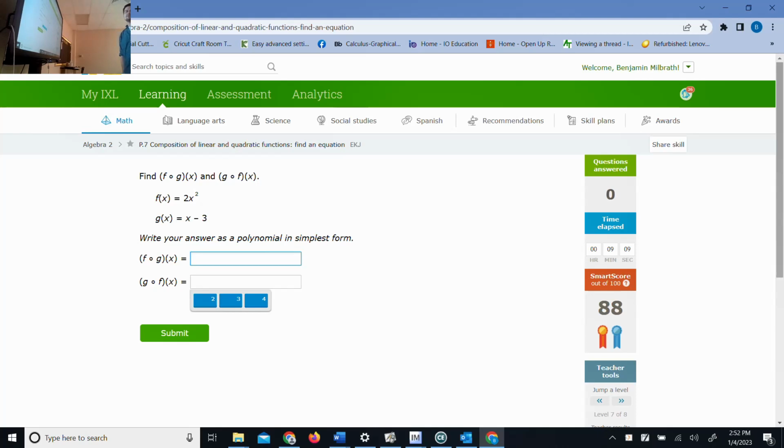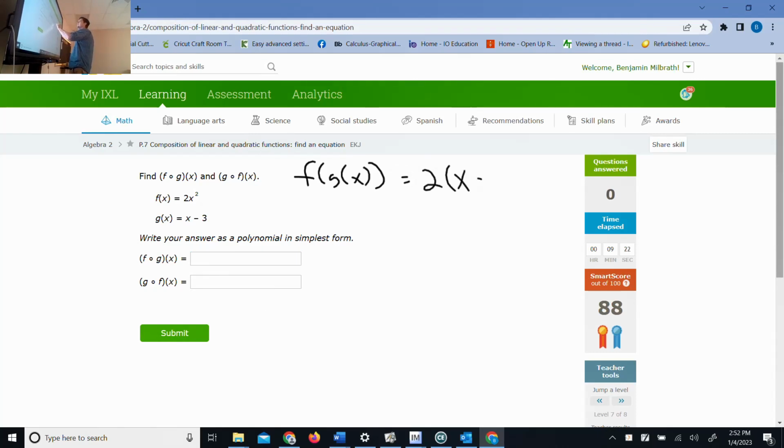I'm currently at level 7 right now on this IXL assignment. It's got two different things. It has f of g to begin with. f of g is 2, then I encounter my x minus 3 squared. So hopefully you can see what's going on there. I had that x squared. I had to square this thing.